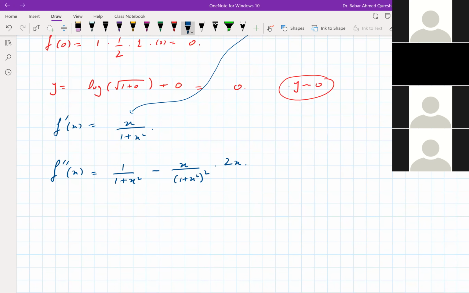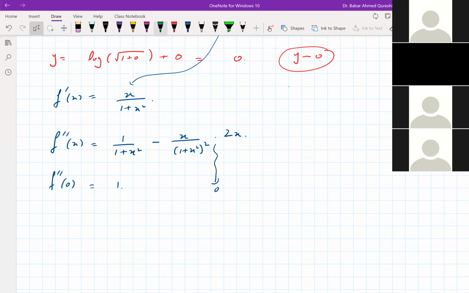Now when I evaluate it at 0, this term goes to 0 and this term gives me a 1. So that means that log of 1 will be 0.